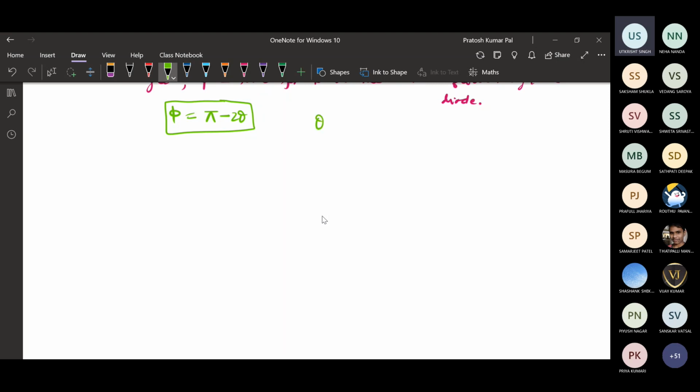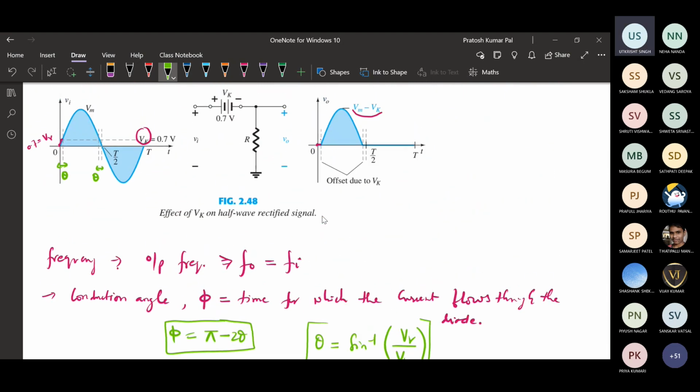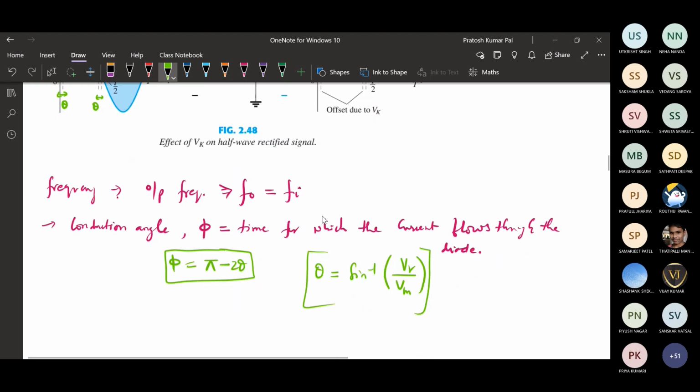This theta is defined as sine inverse of V gamma divided by Vm. This is not something you need to memorize; it is just for understanding how the loss of the signal is defined. The lost signal is defined with respect to theta, and theta has a relation with the conduction angle.